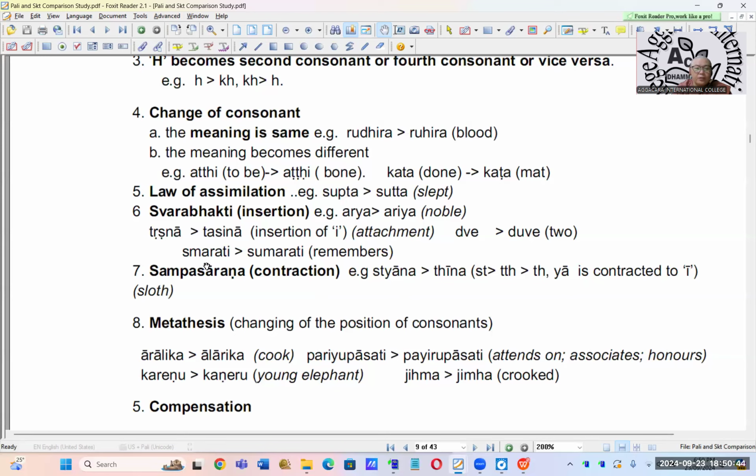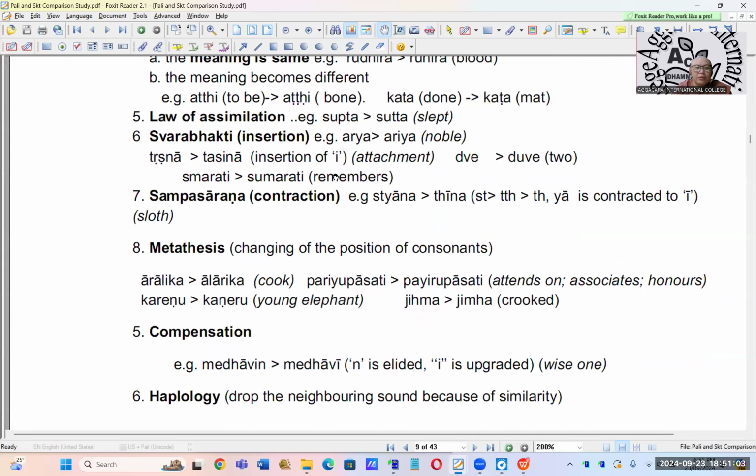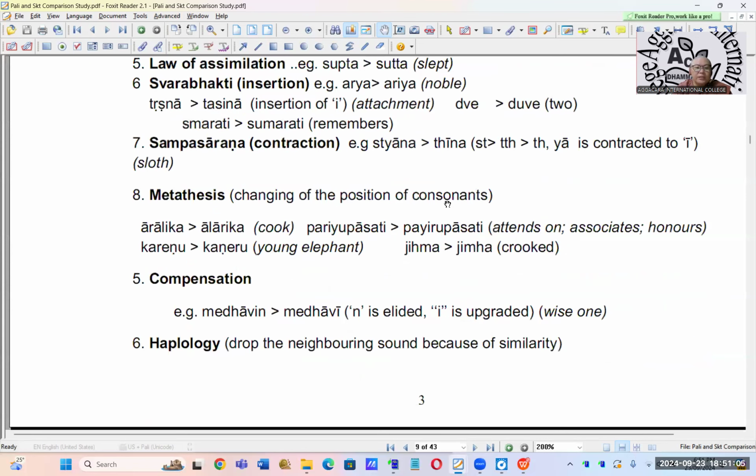Sometimes beside insertion, you can make the letter shorter. Like this Sanskrit, Satayana. So YA, change it to I. Okay. Then STY, change it to TTH. So you got Tina. So this contraction. Sometimes you also can change the position like we see just now, where to do with the letter R. So Aralika become Alalika.